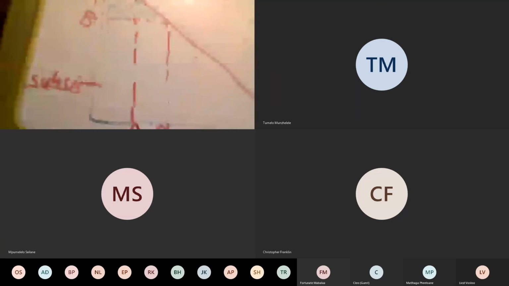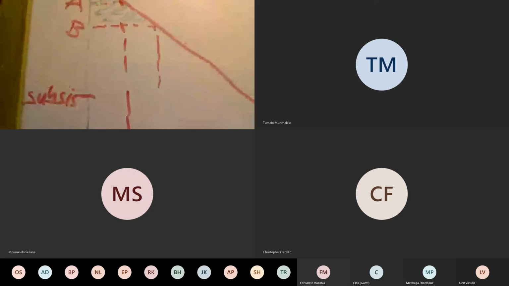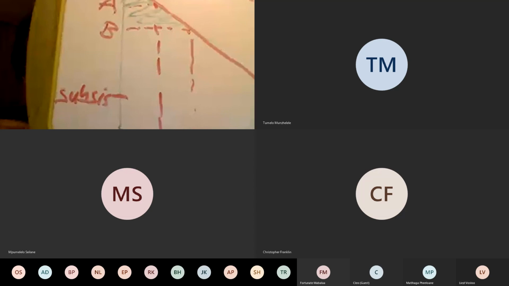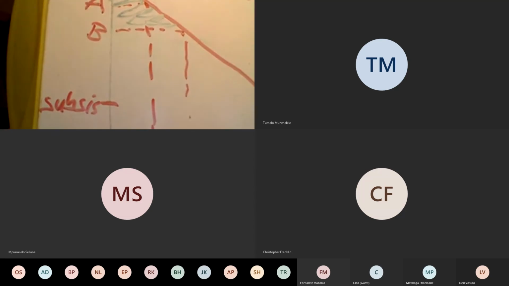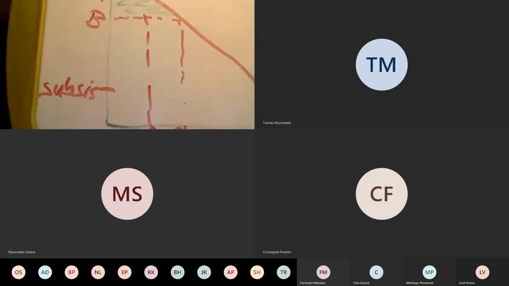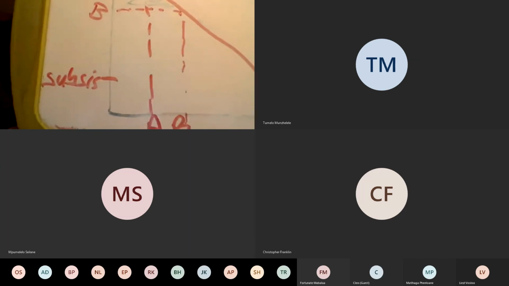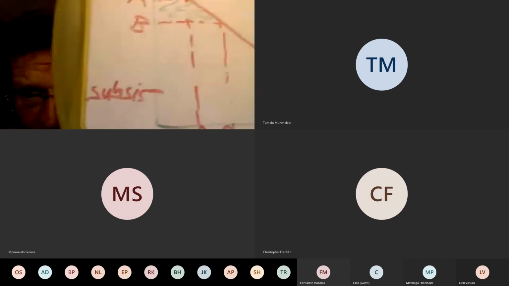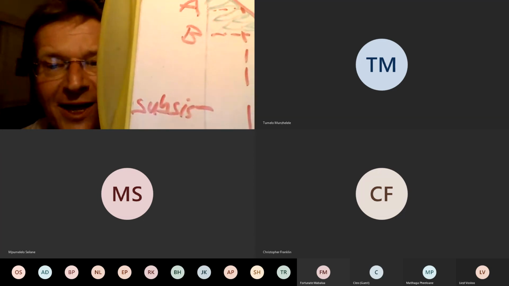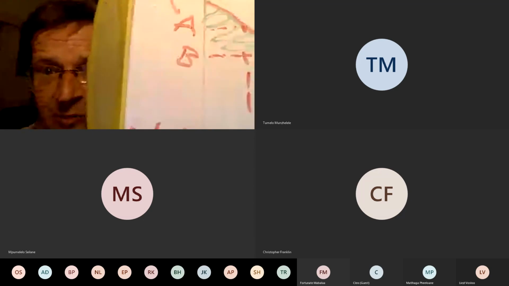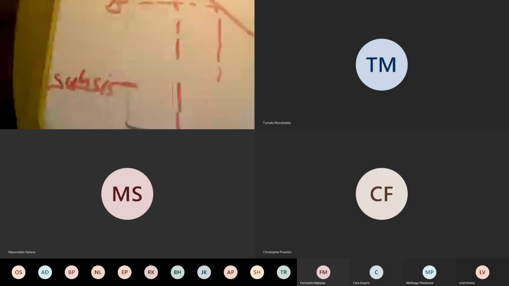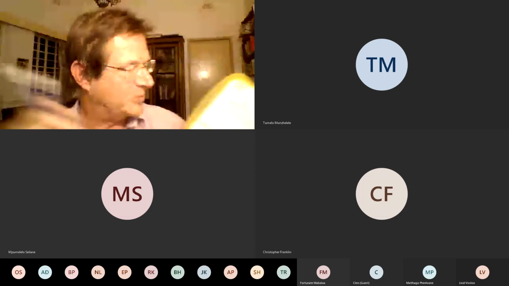And I'm calling this here subsistence. That's the subsistence amount of corn required by labor that works on land A, that works on land B. It's the same for everybody, whether the worker is on land A or land B or land C. Subsistence requirements are the same, by definition, if you like, given that we're all the same human beings.